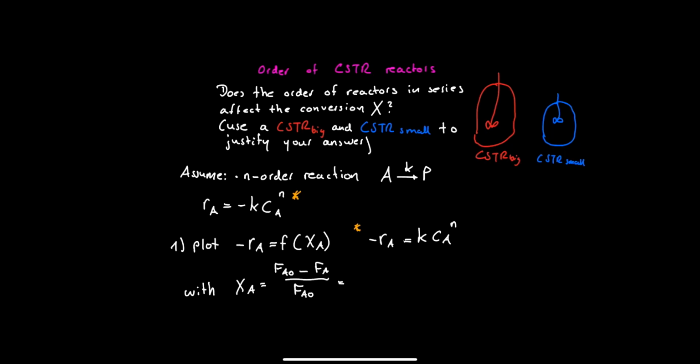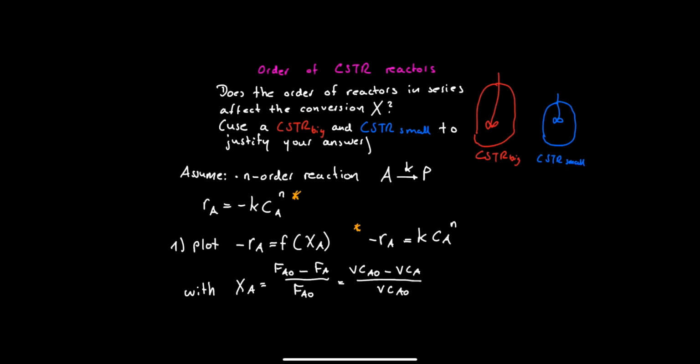And the molar flow rate can be expressed as the volumetric flow rate times the concentration of the species A at the inlet minus the volumetric flow rate times the concentration of the species A at the outlet, divided by the volumetric flow rate times the concentration of the species A at the inlet.